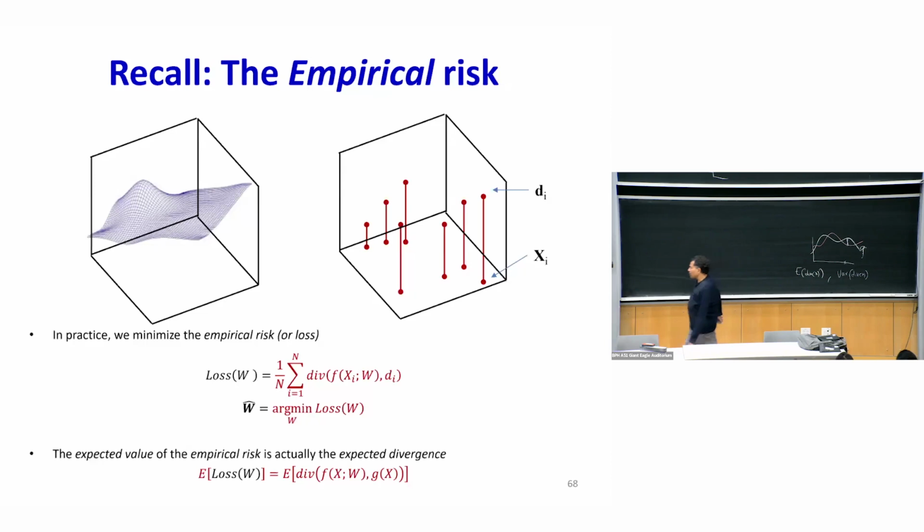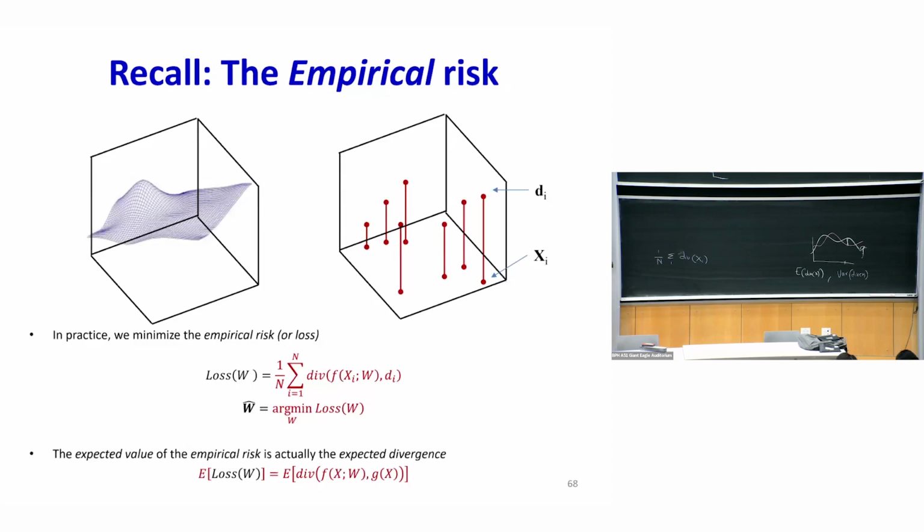Now, if I look at this guy, 1 over n summation i, divergence of x of i, which is my loss. If I take the expectation of the loss, meaning if I say I have a whole bunch of points, I'm going to compute their divergence, and then I average it. And if I repeated this experiment lots and lots of times, what is the average loss I would get?